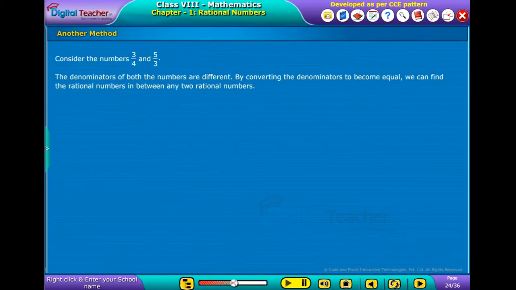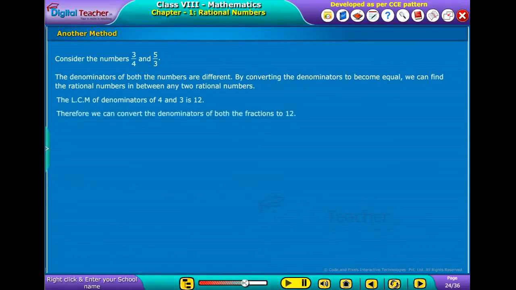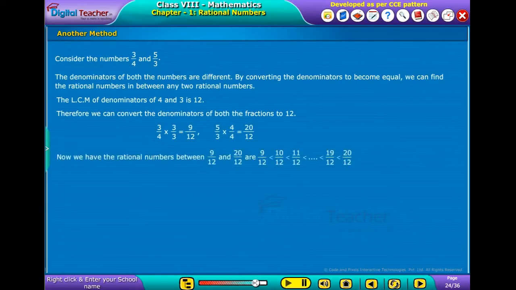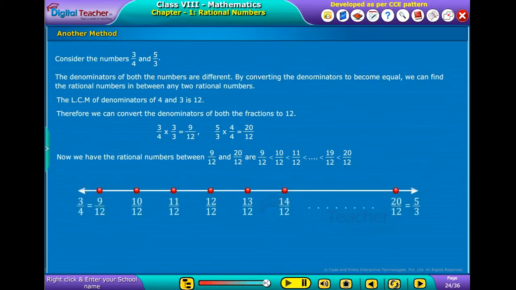The LCM of denominators 4 and 3 is 12. Therefore, we can convert the denominators of both the fractions to 12. Now, the rational numbers between 9 by 12 and 20 by 12 are as shown. Its number line is as shown on screen.